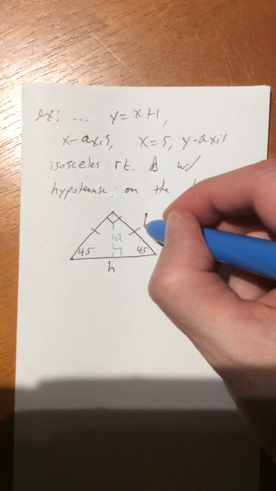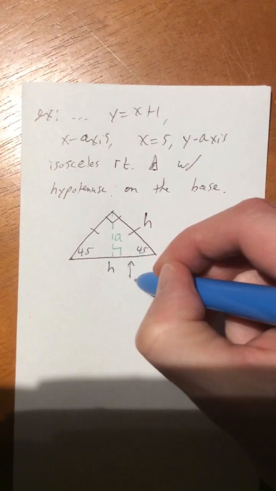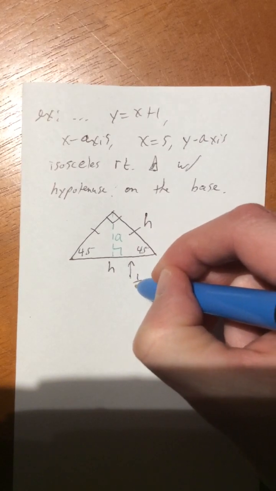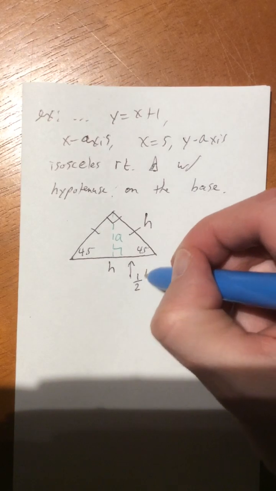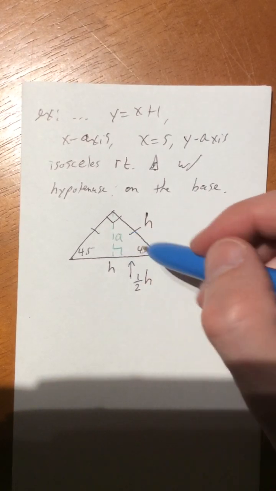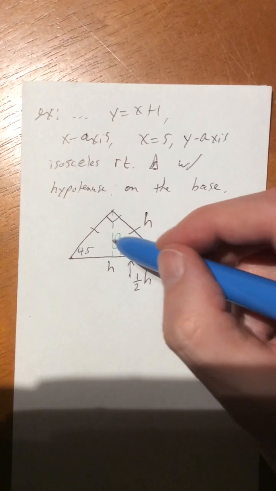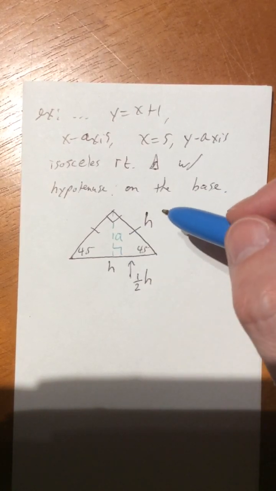So again, we're going to have an h right here, and right here we're going to have a 1/2 h. And if this is 1/2 h, well then that's got to be 1/2 h. So we got a 1/2 h here, and we got a 1/2 h here, and something is not right.